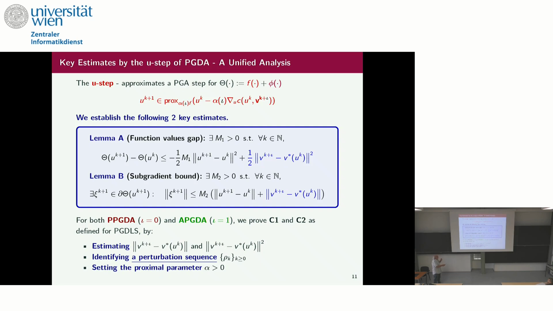In order to do that, we had to find proper estimation for the norm of this and the norm square, to identify, more importantly, what the sequence of parameters is, and of course to set the proximal parameter alpha, which is crucial to do the computational step.